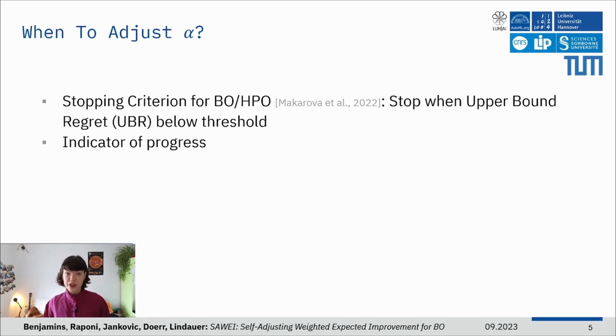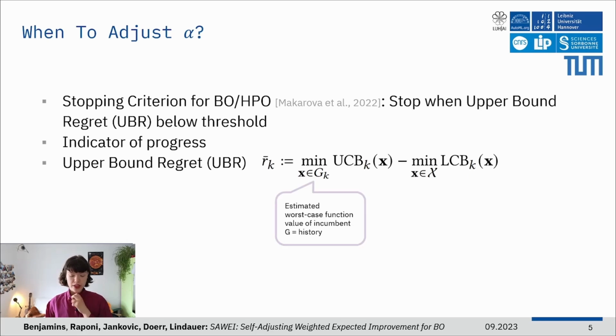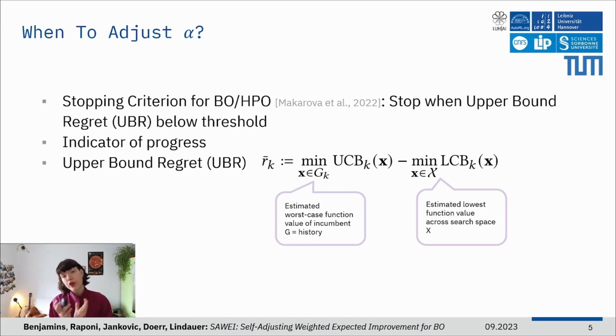This UBR is an indicator of progress and looks as follows. We have the estimated worst case function value of the incumbent minus the estimated lowest function value across the search space. With this, we estimate how much more progress we can make.